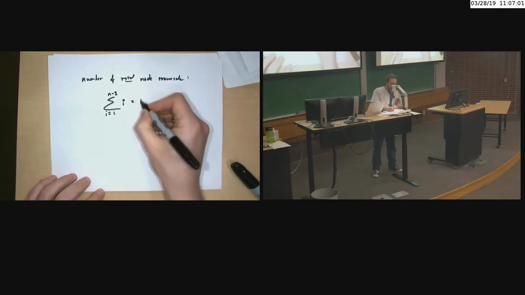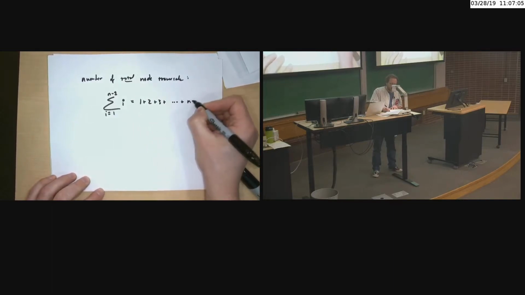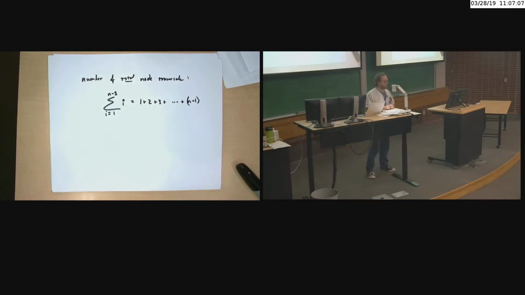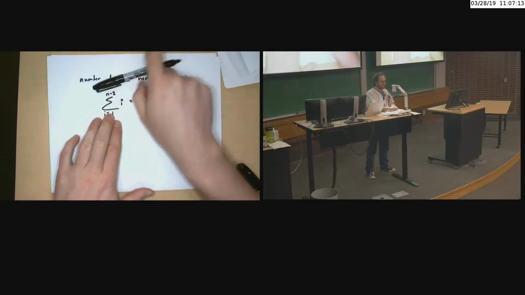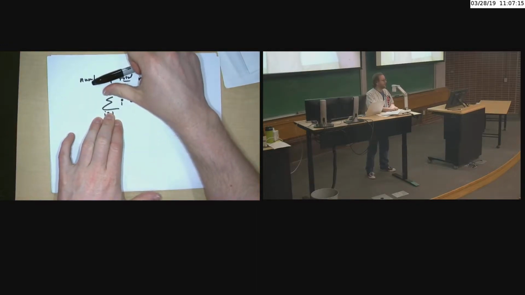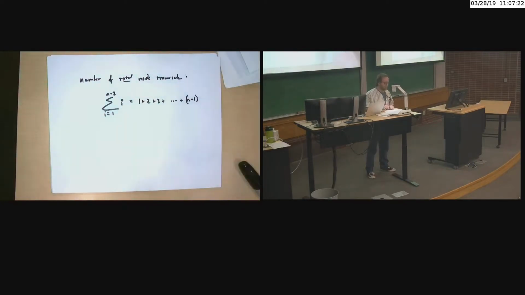Again, this is 1 plus 2 plus 3 plus ... plus n minus 1 as your last one. Does this look familiar to anybody? What is this thing called? It's a summation. It's not an infinite series. You can call it a series if you want to, but it's just a summation. 1 plus 2 plus 3 plus 4.